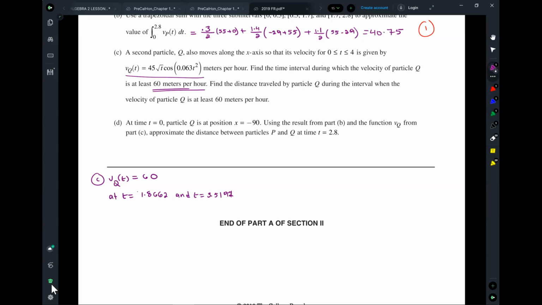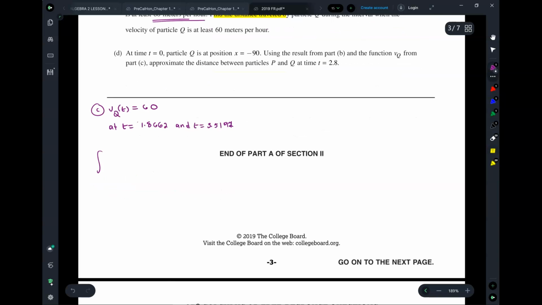Then what you want to do is find the distance traveled by the particle during this time. If you want the distance traveled, that's the integral of the absolute value of v Q of t dt, and you want to go from A to B. So you want to store these in your calculator, right?